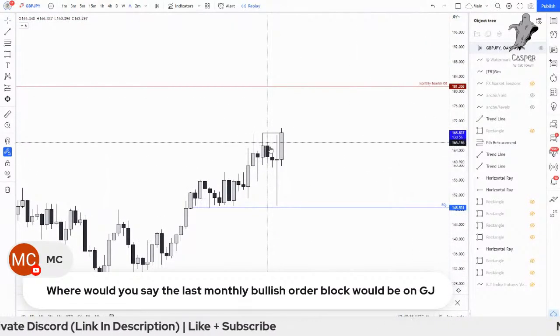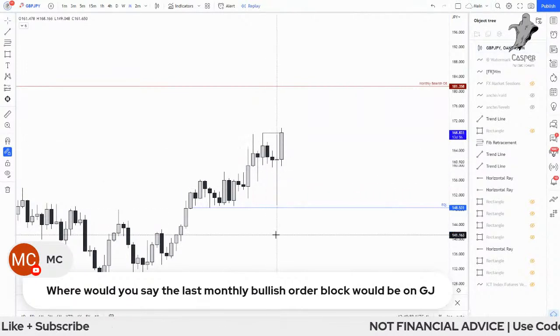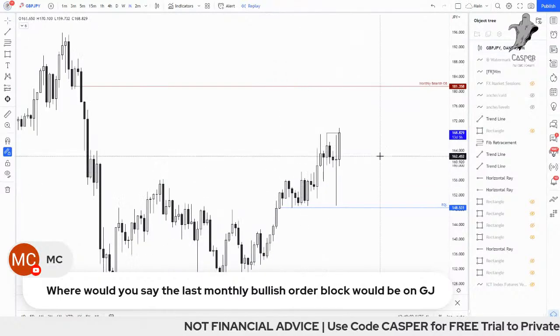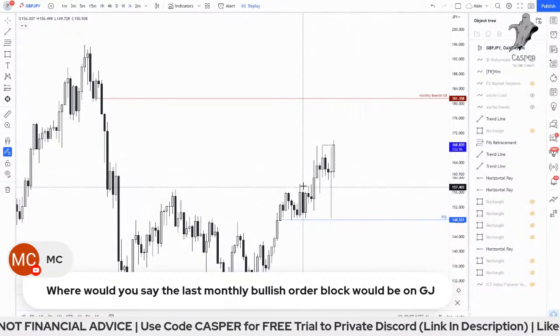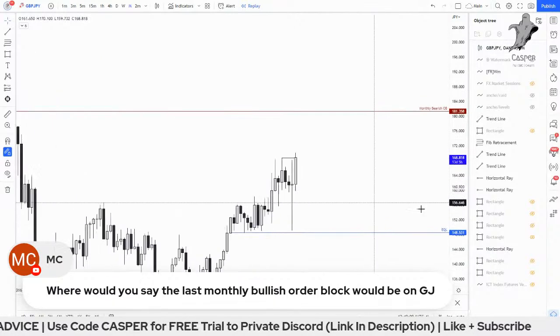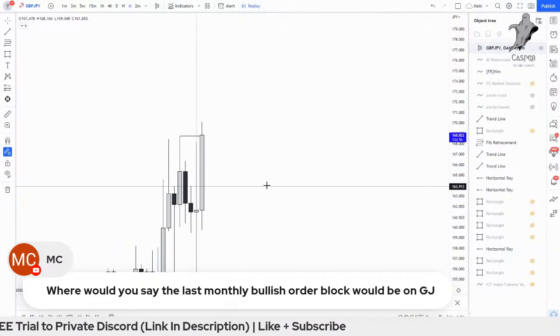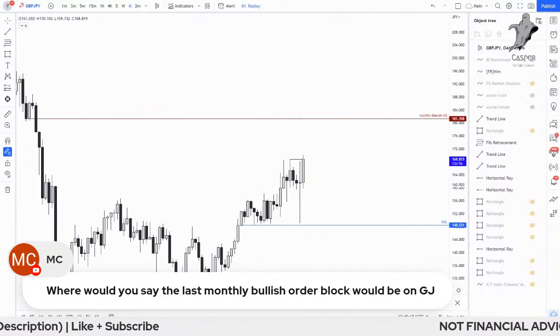I wouldn't really look at this though, just because of this nasty candle. But some would maybe consider that. I would just consider this right here. Technically speaking, it would probably be this candle or this candle though. This is one where it's kind of odd.